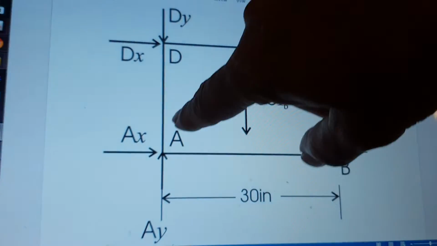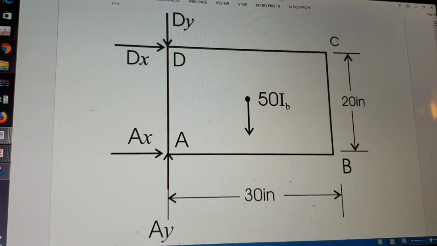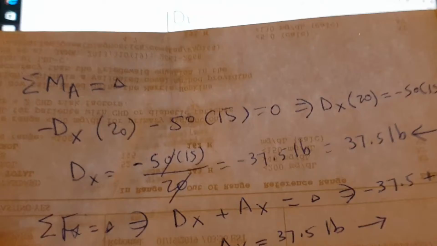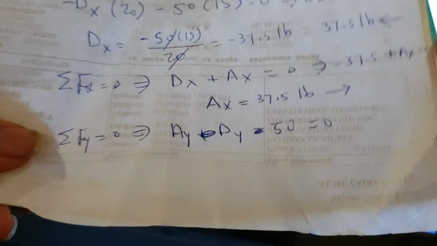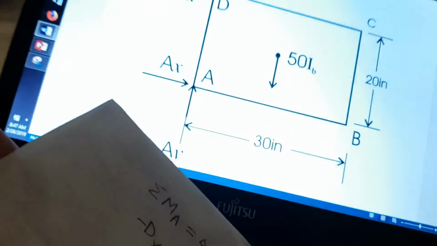We find ay minus dy. You could do it either the minus or the plus. Minus 50 equal to 0. So ay minus dy minus 50 equal to 0. And by this, we can't find ay or dy.